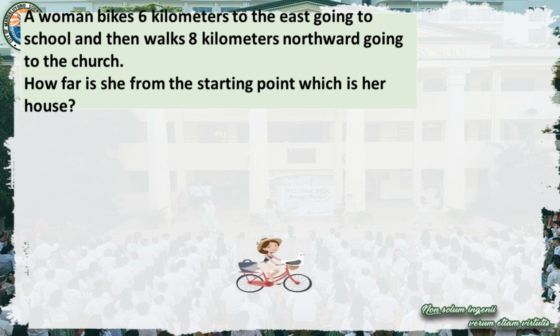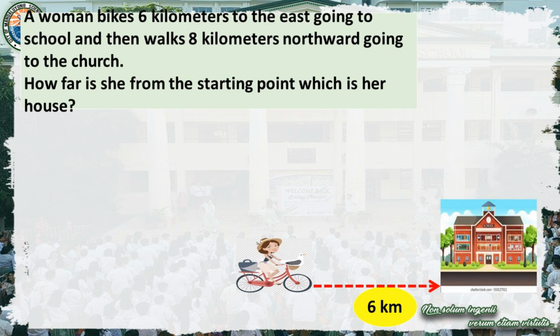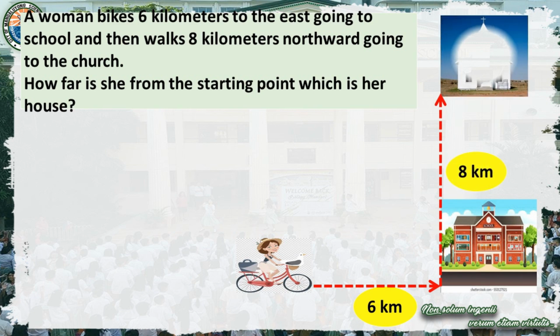So there's a girl biking 6 kilometers to school, and then after that she walks 8 kilometers to the church. So our question here is, how far is she from the starting point? Where is her house?